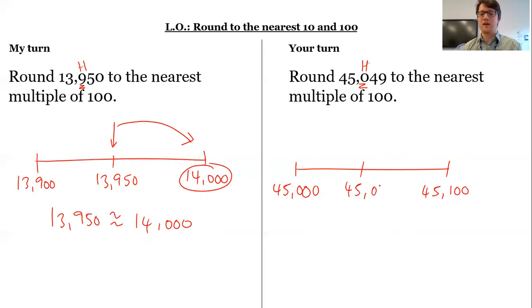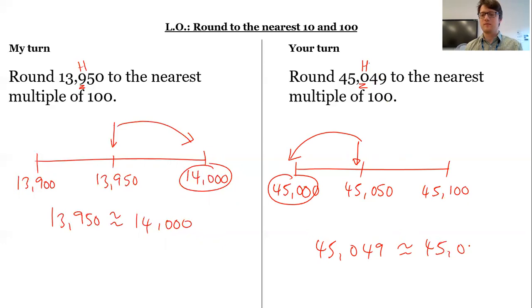Halfway is 45,000 then and 50. Halfway between 0 and 100 is 50. 45,049 is just below 45,050, halfway. So it's going to round down to 45,000. So stop the video now and go and have a go at your independent task.